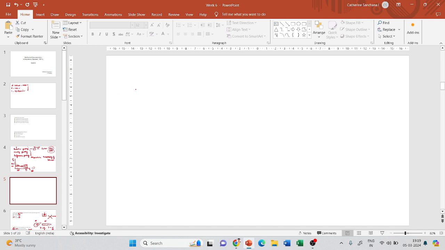Now if you see this viscosity grading, it will have penetration at 25 degrees Celsius, viscosity at 60 degrees Celsius, and viscosity at 135 degrees Celsius. It also has softening point, and so on and so forth.